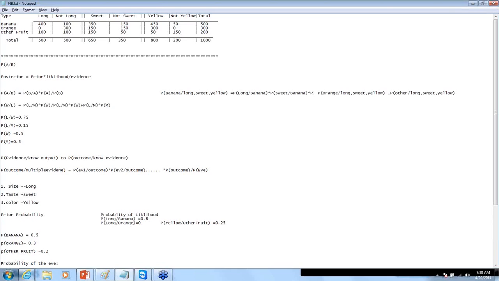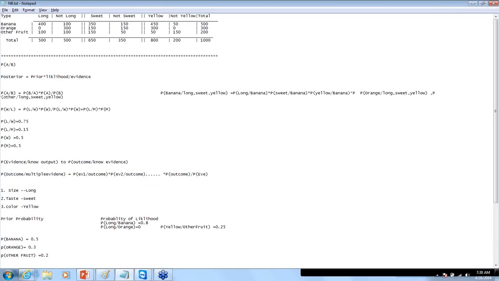Then the third evidence, that it's yellow, given it is a banana. And we multiply with the probability of the outcome we are considering, that it's a banana.